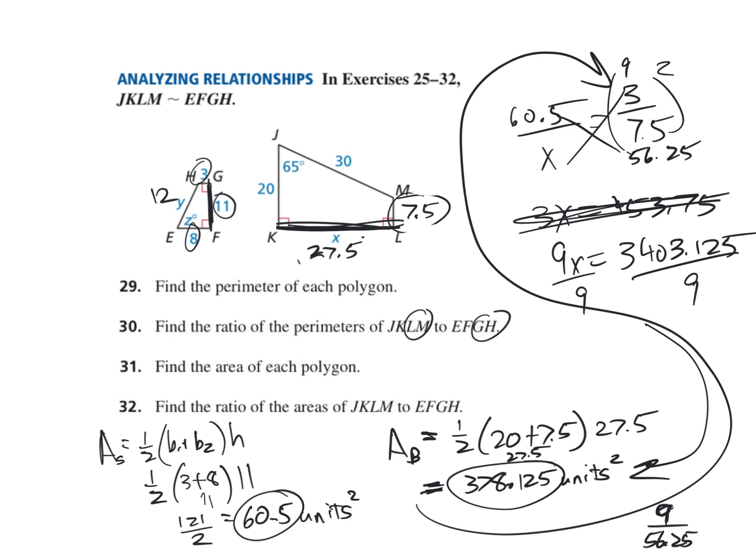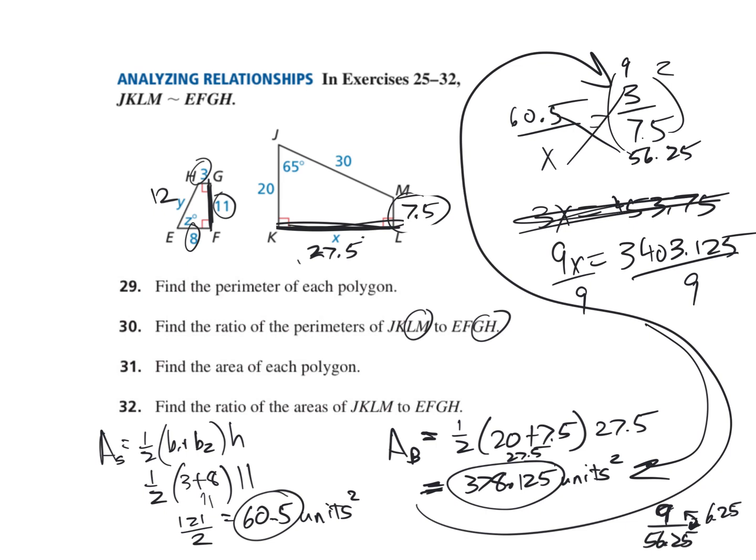Okay, so that's the ratio from small to large. If you did large to small, 56.25 over 9, which is going to be 6.25, if we turned everything over and just did long division, okay?